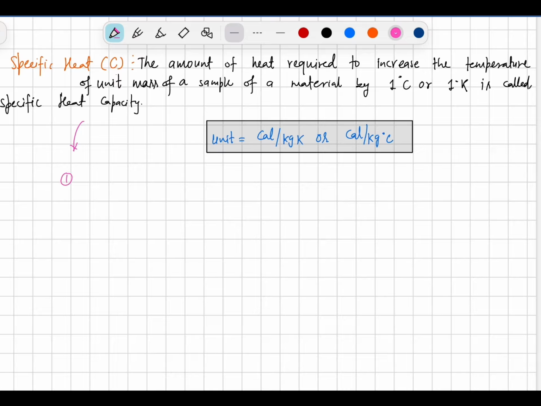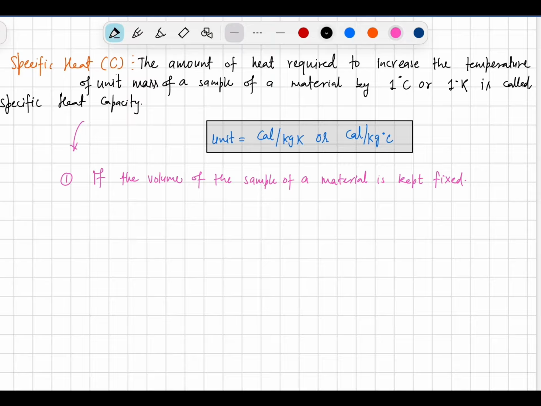The first one is if the volume of the sample of the material is kept fixed.